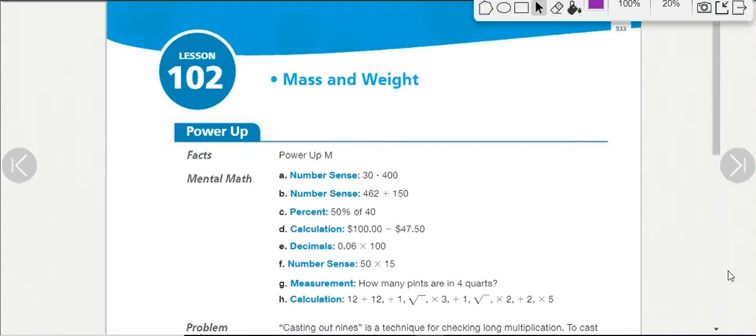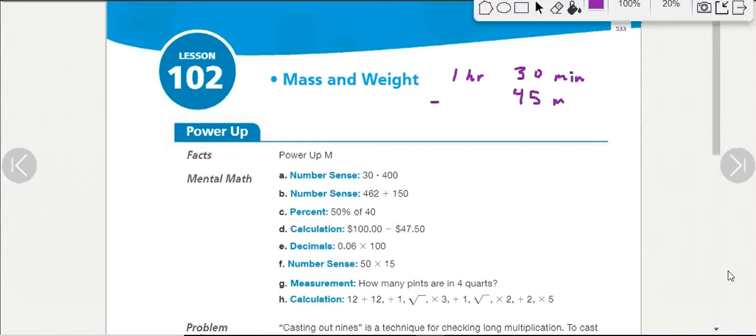Recall that, we're in lesson 102, recall that when we add mixed measures like an hour and 30 minutes, which is a mixed measure, right? Hours and minutes are different. And let's subtract 45 minutes.